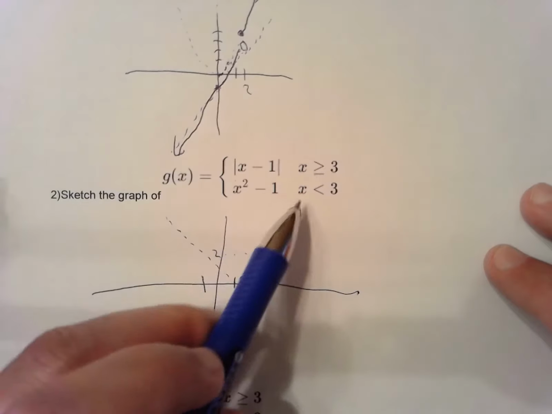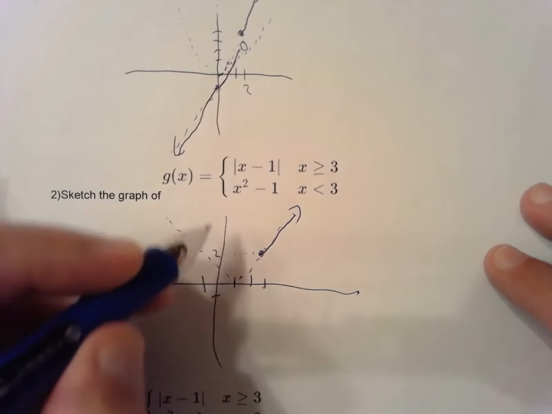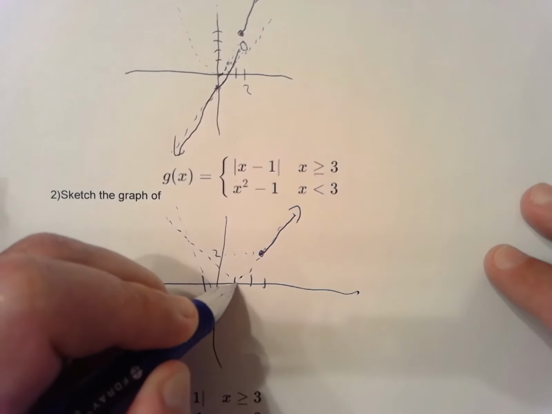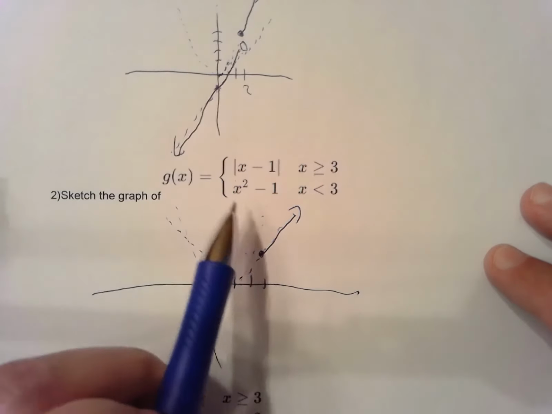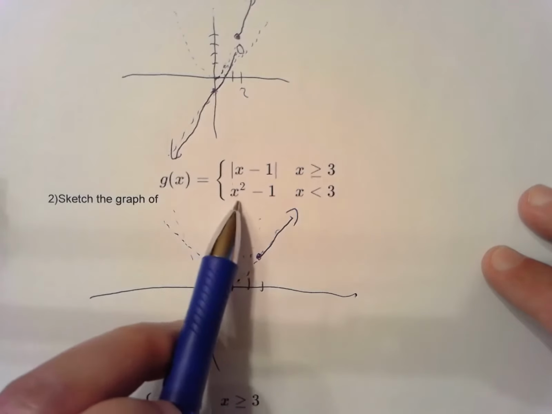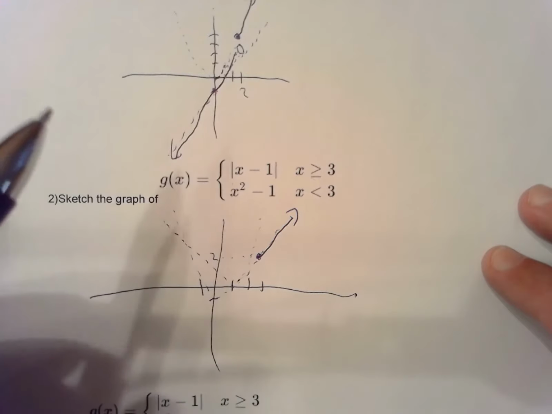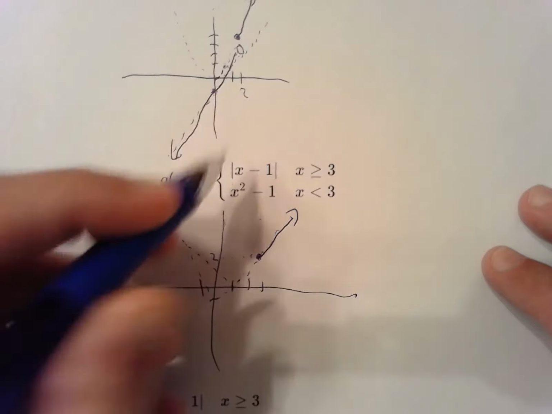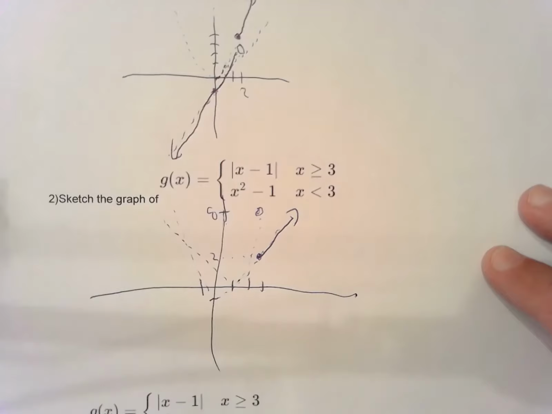Okay, then on top of that, x squared minus 1 we know is a parabola. Scooted down 1, so some kind of graph that'll look like this. As a rough sketch. We should see exactly what that y value is going to be at that boundary of 3. 3 squared is 9, minus 1 is 8. So over here at 3, 8, we'll have our open circle.